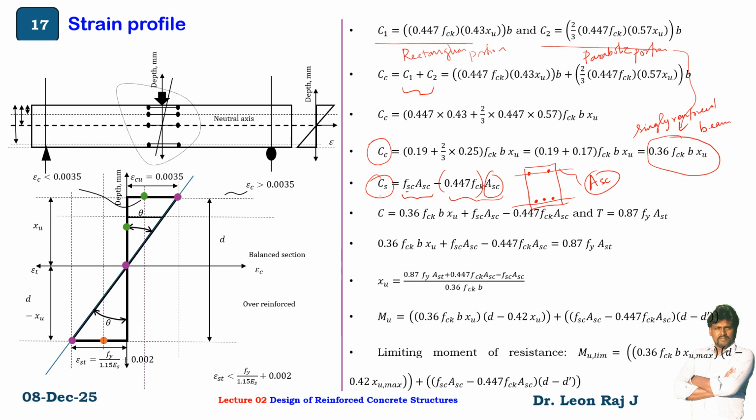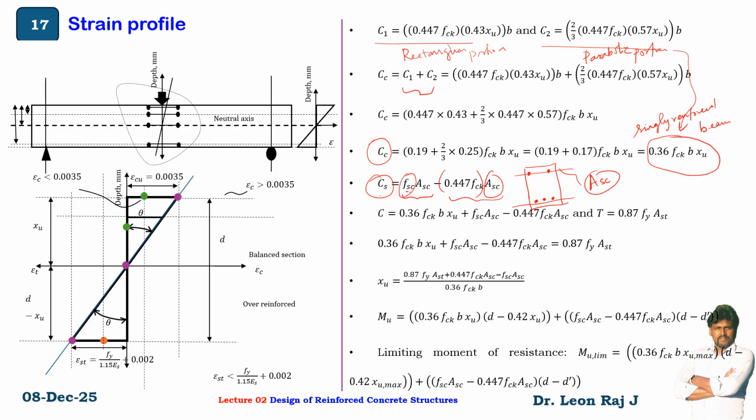S is stress and C is compression reinforcement. That is the stress, not exactly the yield stress, you can say the stress in the steel reinforcement provided in the compression zone, that is called fsc. So it is fsc Asc minus 0.447 fck Asc.